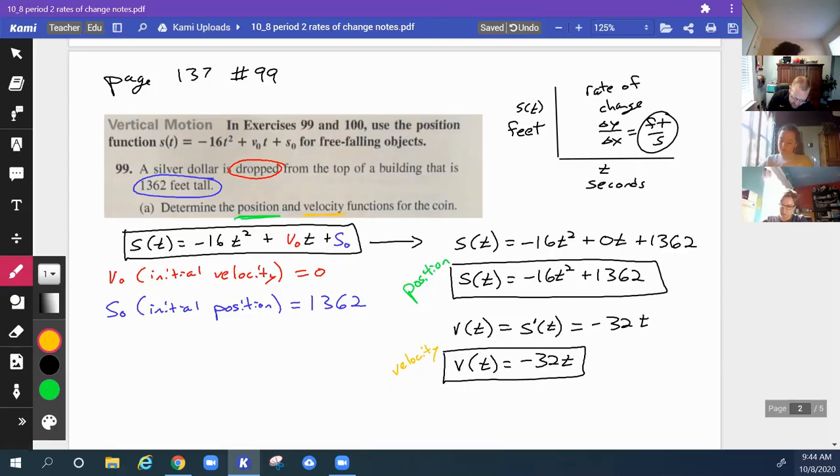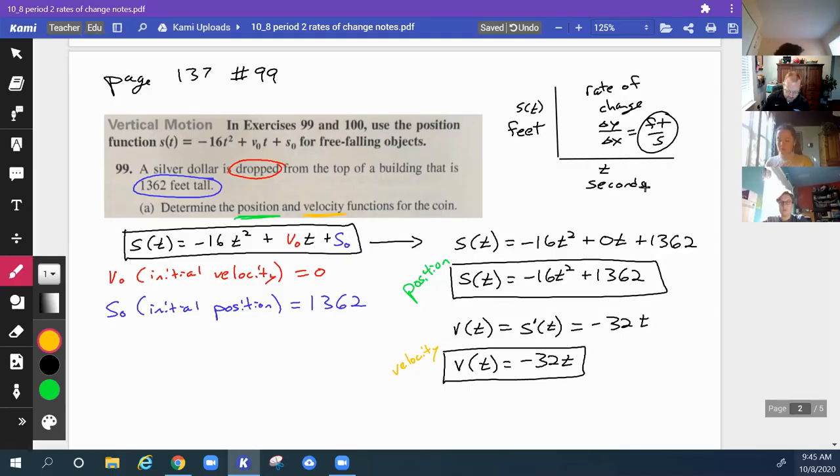I get that by taking the derivative, because remember, the derivative gives me rates of change. I want the function, so I'm taking the derivative. I'm just using the power rule to calculate that. So that is part A right there. I have my position function, I have my velocity function, and how I calculated those.